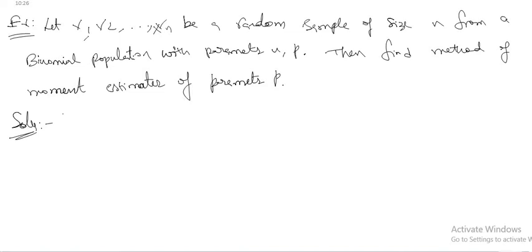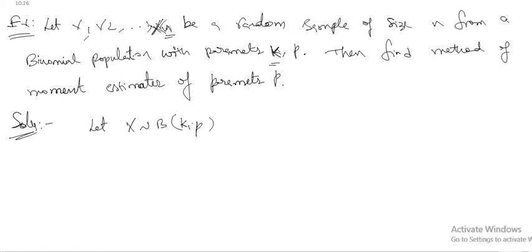First of all, write down the probability mass function. Let x follow binomial. Sorry, the size is n, so just replace it, because we already used this n notation for sample size. So this n and this n are different. To make that difference, here we are going to consider k in place of n.